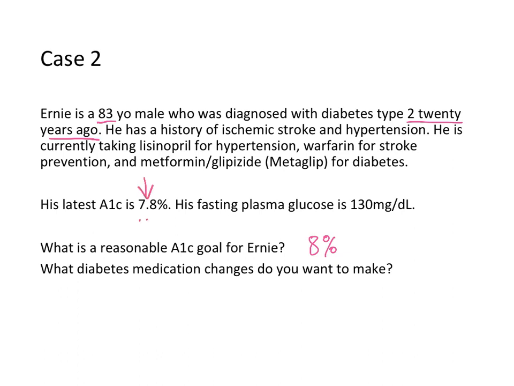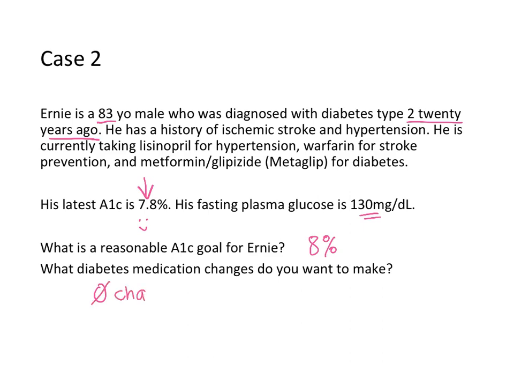So, do you want to make any changes to his medication regimen? In this case, actually, it's doing pretty well for him. It's a combination medication with the Metformin and the Glitazone. He's already below goal that we've set for him, and his plasma glucose isn't that elevated. I would honestly not mess with his medication at this point.